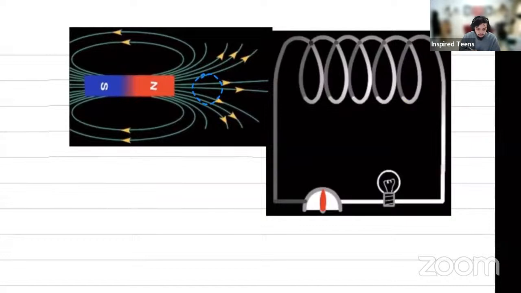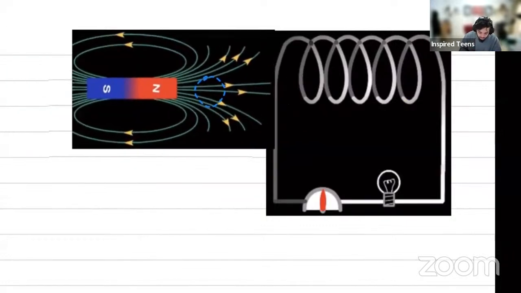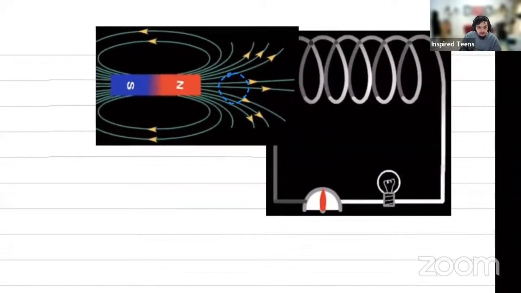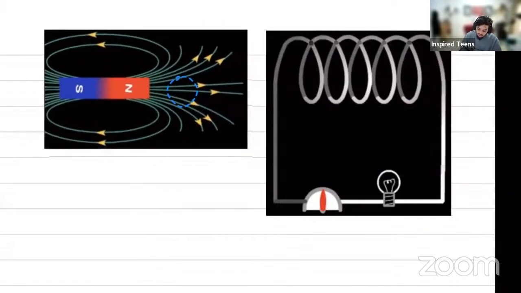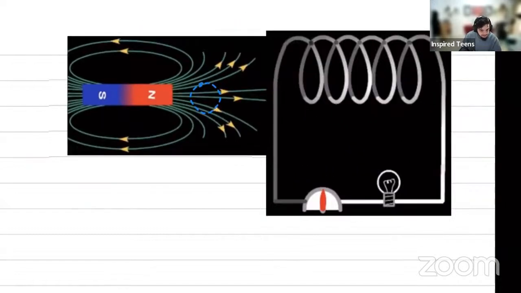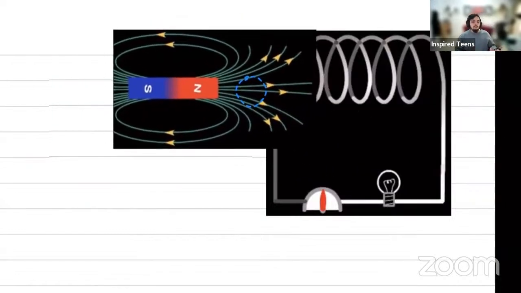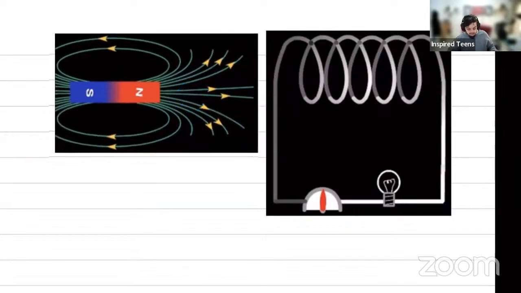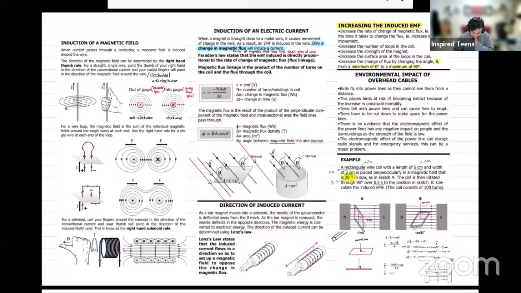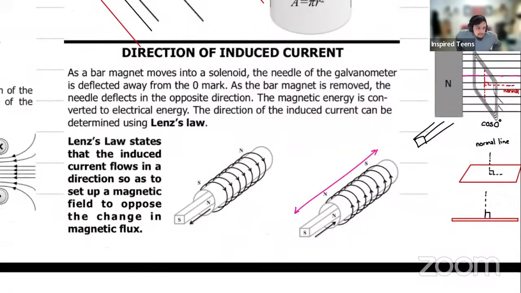If it's still, there's no change in magnetic flux. If I move it back and forth, the amount of field lines touching this wire constantly changes, and that's going to create a change in magnetic flux. Even better, the faster we move it, the higher the rate of change of magnetic flux. Okay, so I hope that made sense.